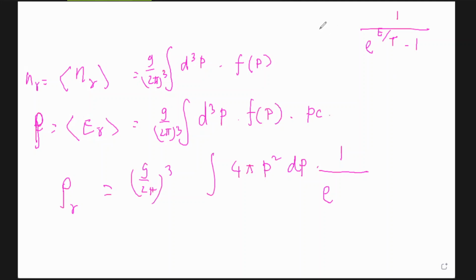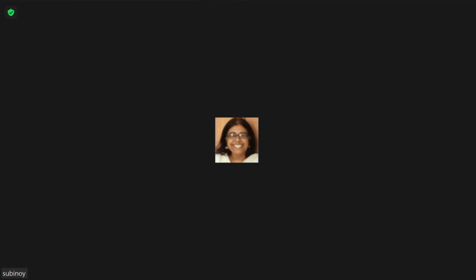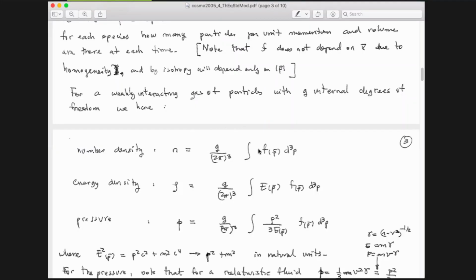Confused? What is the number density I just told you? See, g by (2 pi)^3. This one I am doing is g by (2 pi)^3 times E_p f of p d^3p. E_p is pc, isn't it?